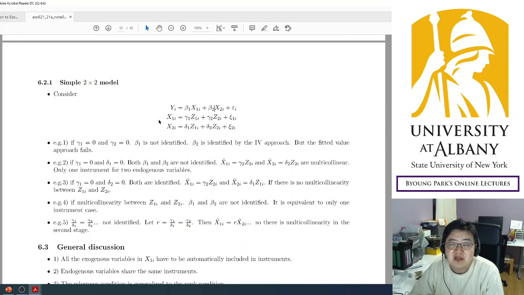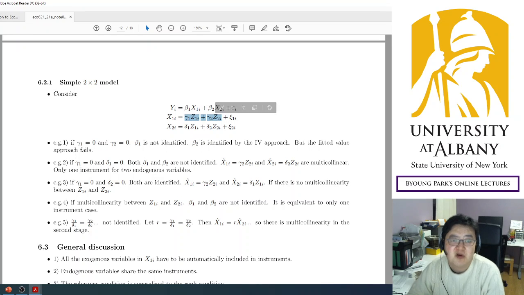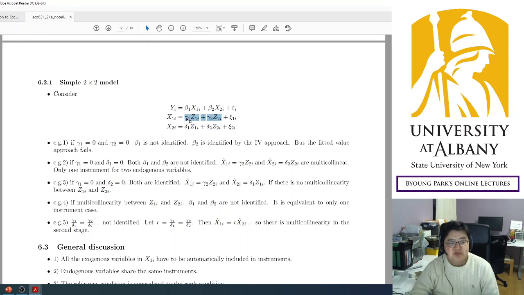So, for example, let's think about one by one. Suppose that the first case where beta 1 is not identified is when gamma 1 and gamma 2 are 0. That means when gamma 1 is 0, gamma 2 is 0, you have 0 here. So remember, this part is the only variation in x1 that can help identification.